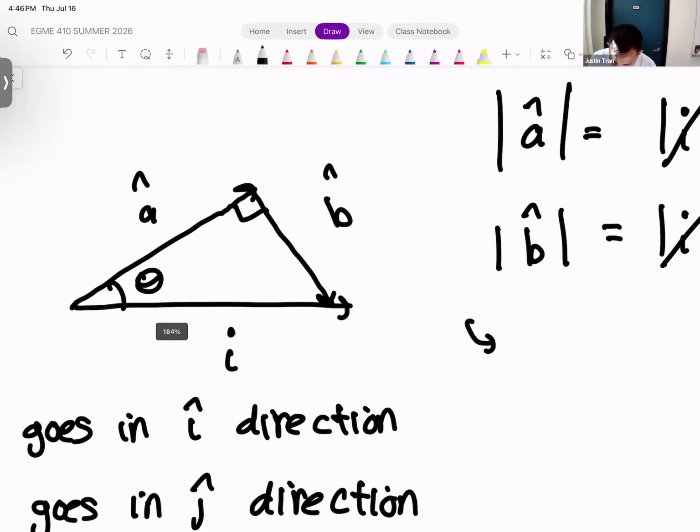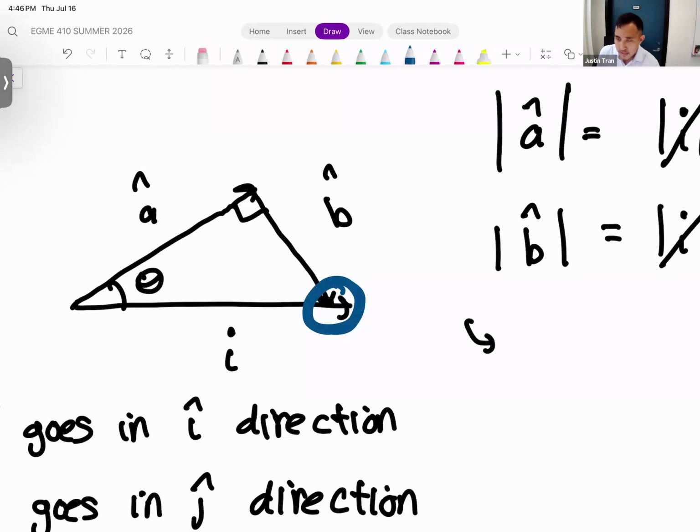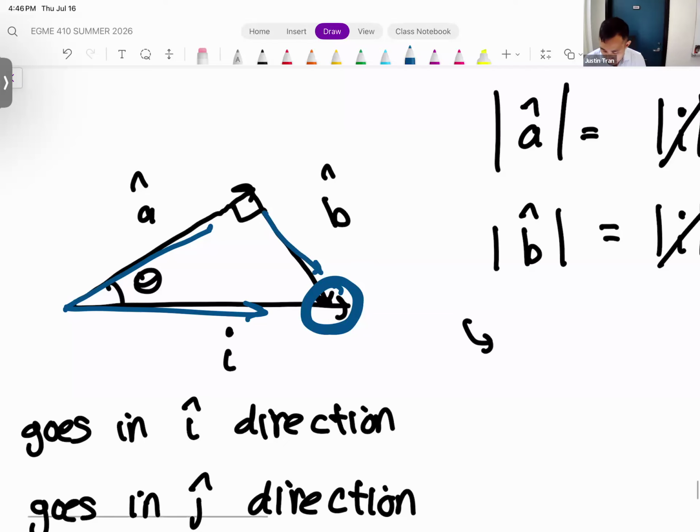If we want to arrive at this location here, which is the endpoint for both paths, one way we can get there is to simply follow along the I direction. Another way is to simply travel along the A hat direction and then travel along the B hat direction.